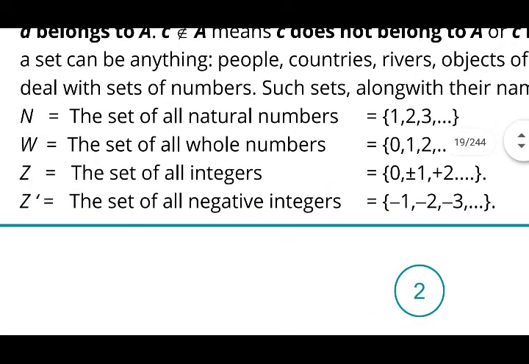Here are some examples of sets we already discussed in the last chapter. N represents the set of natural numbers. W represents whole numbers. Z represents integers, plus minus 1, plus minus 2, and Z dash represents negative integers.